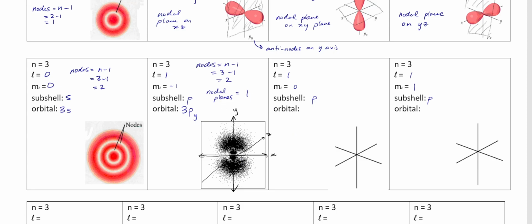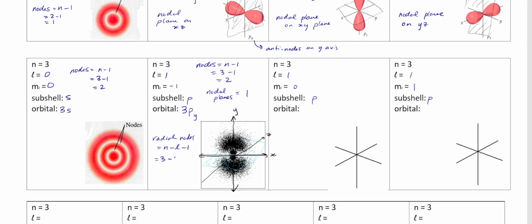Okay, and so hopefully you can see that I've got a nodal plane along the XZ axis. I'll try and do it in a different color here so you can see it. So XZ, I've got a nodal plane here that cuts this into 2 symmetrical portions. So it goes right along the middle. But then spherical nodes or radial nodes is given by n minus L minus 1.